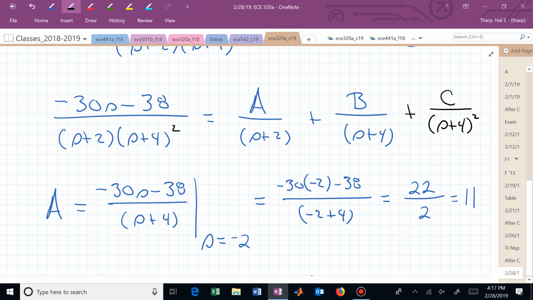You would end up with problems when you tried to find B, because if you multiplied by s plus 4, which is underneath the B, then you would still have one s plus 4 downstairs on the left, and you would have one s plus 4 underneath C. And what happens when you evaluate those at s equal to minus 4?